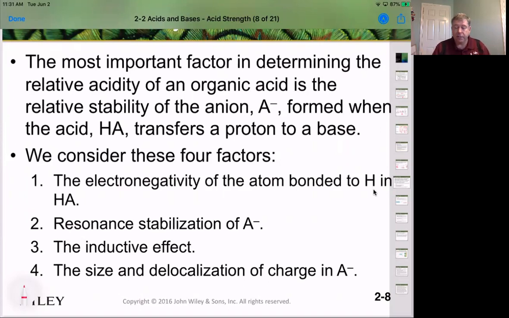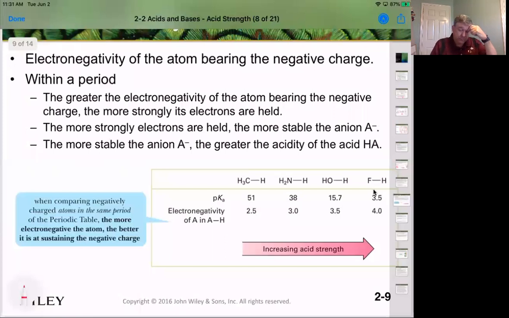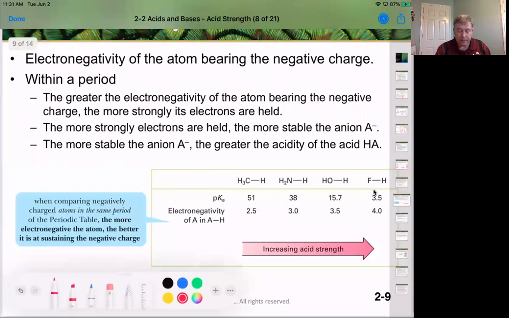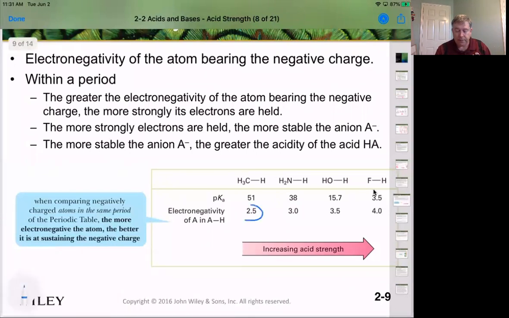All right, let's look at each of those individually and how they affect our acidity. Just looking at electronegativity right here, the electronegativity of carbon is about 2.5. Nitrogen is 3, oxygen is 3.5, and fluorine is 4.